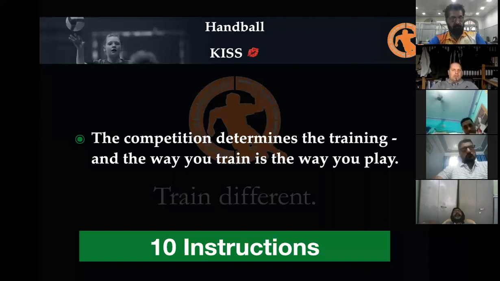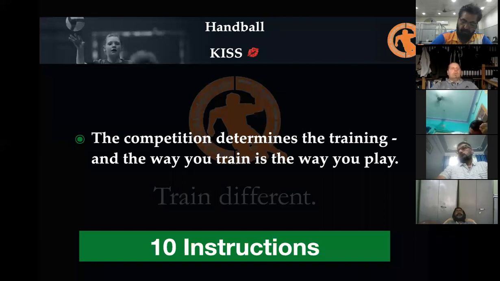And the second is, think about how you want the players to play. You want a slow game, you can train slow. You want a fast game, train fast. Because the way you train is the way you play. So that means if you don't use too many technical drills, how can the players be safe in the technical elements in the game?